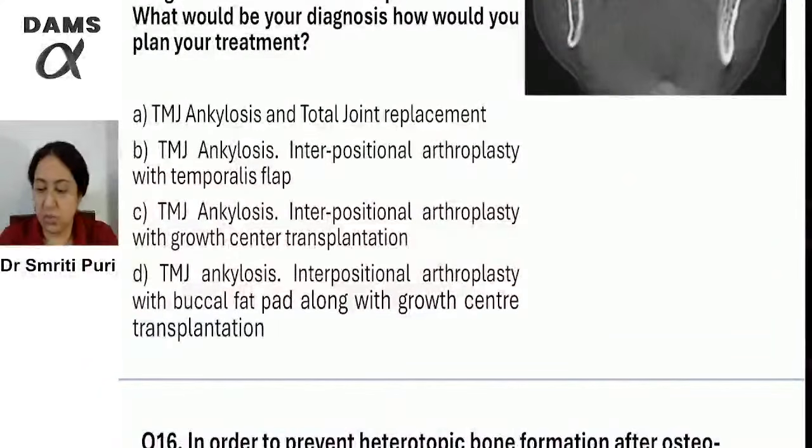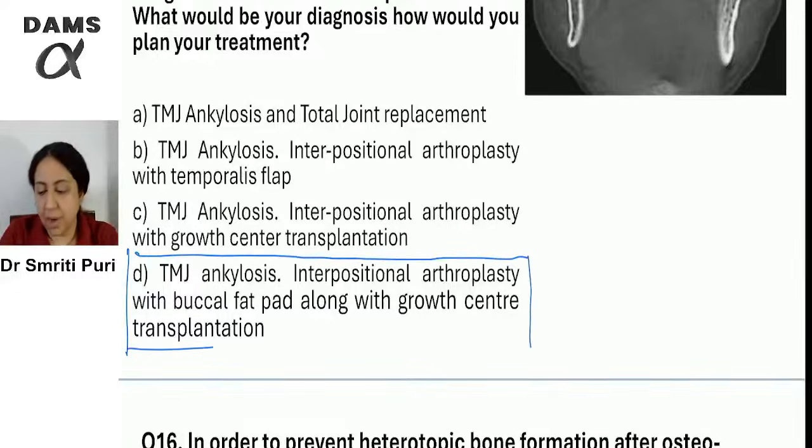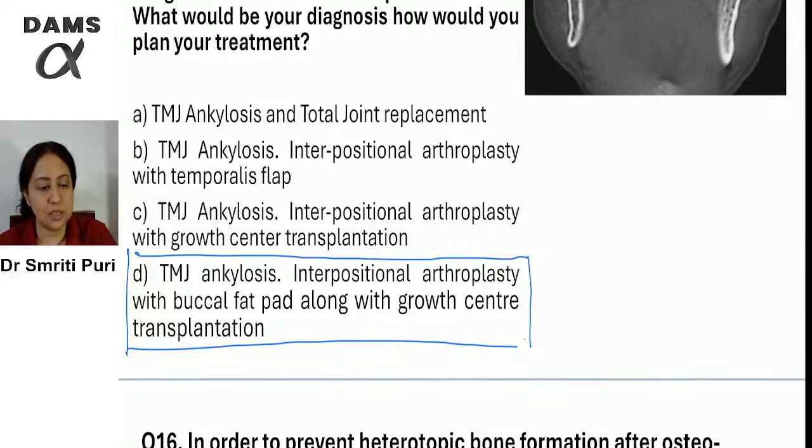The best option would be interpositional arthroplasty with buccal fat pad and growth center transplantation. So option C and D both are correct, but D is the best because, if you remember my classes, buccal fat pad grafting is the best because it prevents heterotopic bone formation and it prevents re-ankylosis.